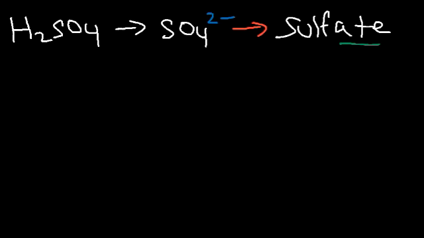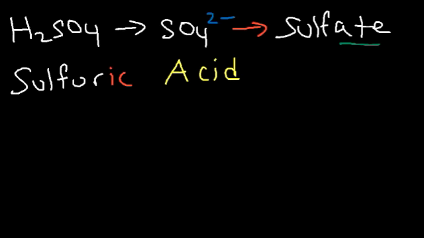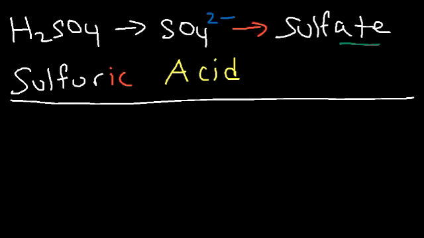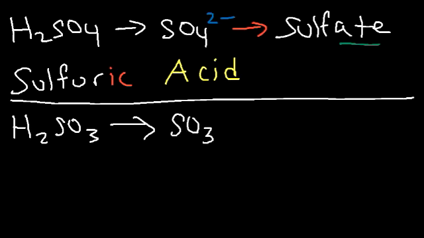So to write the name of the acid, write the element first, which is sulfur, and then add the suffix ic, and then add the word acid. So this is called sulfuric acid. Not bad, right? Now let's say if we want to name H2SO3. So notice that it contains the polyatomic ion sulfite.